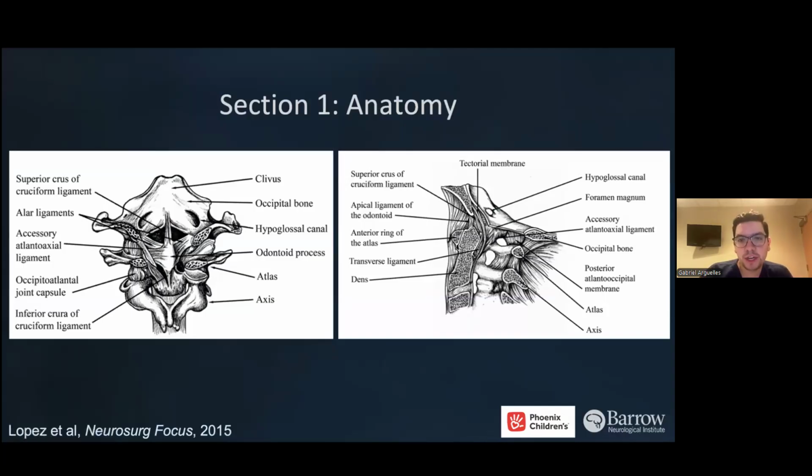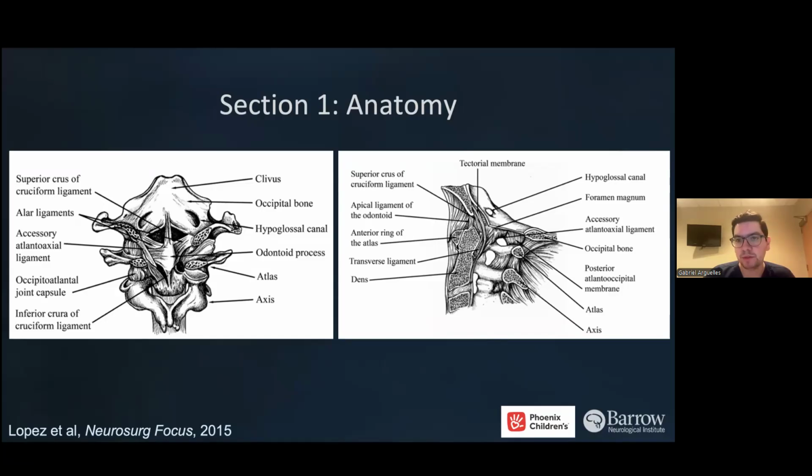So first, we're just going to go over the anatomy of the craniovertebral junction. I think it's absolutely essential to get a better idea of this pretty complex anatomy, compared to the rest of the spine and different parts of the body, as it really informs how we think about injuries in this area, stability in this area, and what injuries to different parts can mean for the patient.